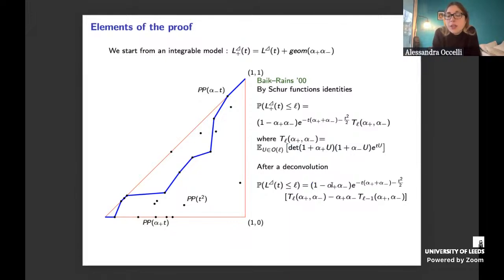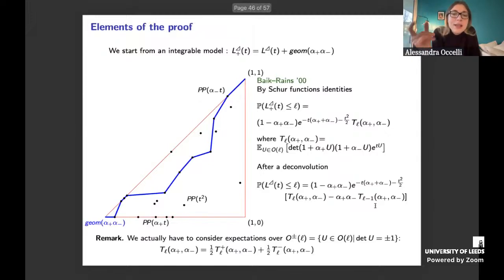The prefactor will be the same, and instead of having only this expectation over the orthogonal group for a matrix of size L, which we call TL, you have a difference of TL minus alpha plus times alpha minus TL minus 1, which somehow gives the vibe of a derivative. So you see that the same structures appear in different contexts, but with different techniques.